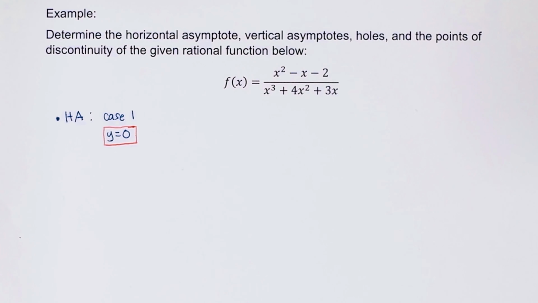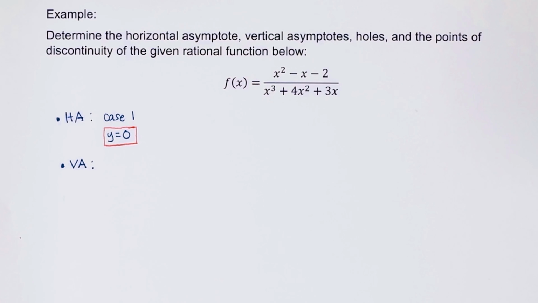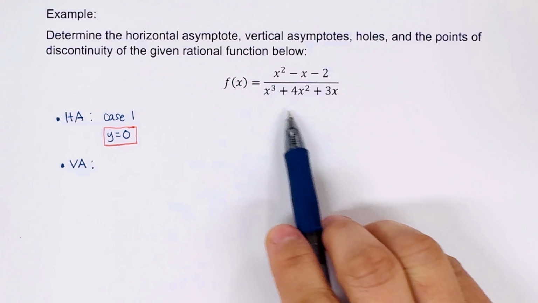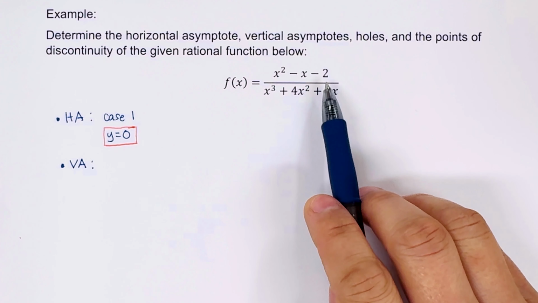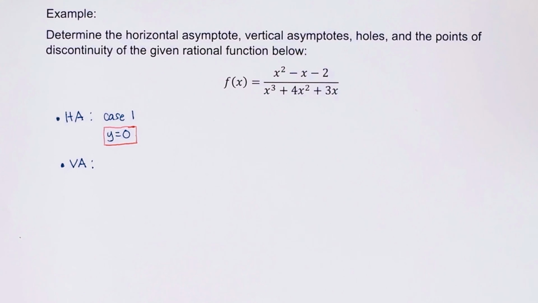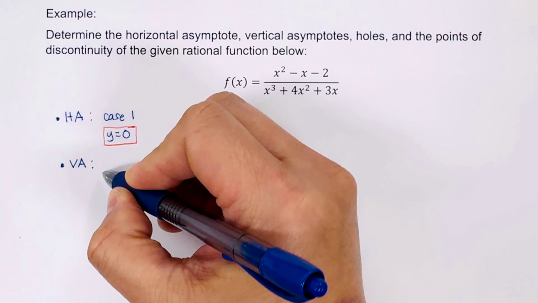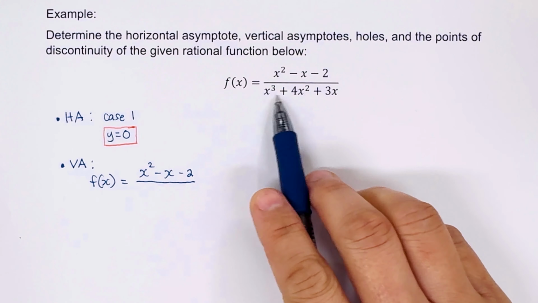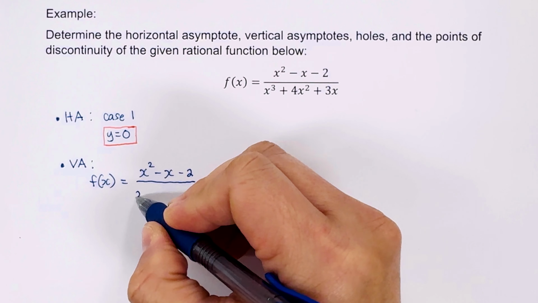Now let's move on to the vertical asymptote. To determine the vertical asymptote, all we need to do is first factor this given function and cancel any common terms. So I go ahead and rewrite that down here. Looking at the denominator here, x is the common factor, so I will factor out x.